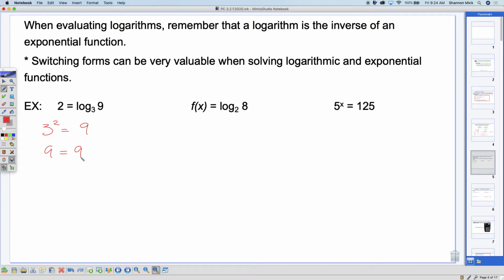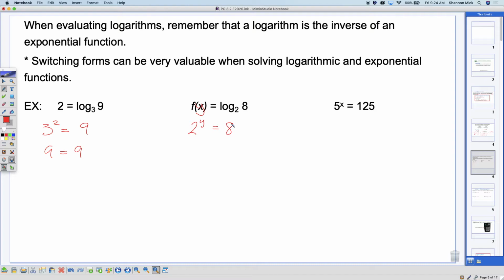In the book, they just have log base 2 of 8. They say solve it, so put a variable on the other side. So this is y. 2 to the y equals 8. Well, now I should use my one-to-one property, yes?